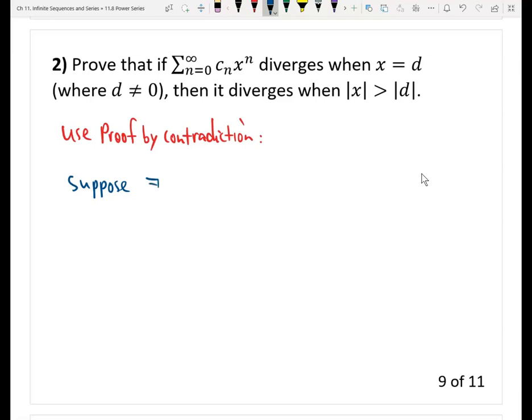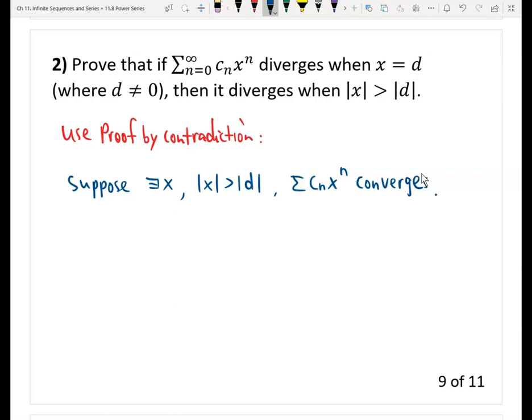Which means suppose there exists one x, with absolute value greater than D, such that this series converges.